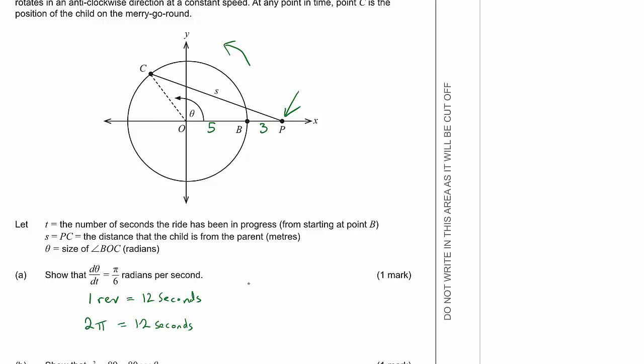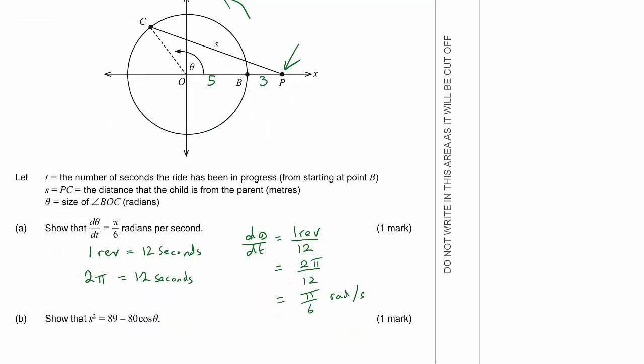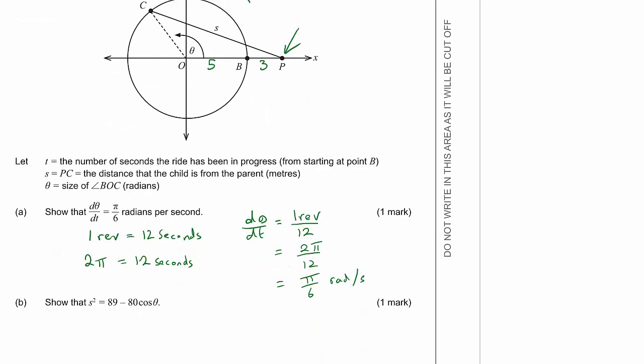So the speed, d theta dt, is going to be 1 revolution divided by 12 seconds, which is 2 pi radians divided by 12, which is pi by 6 radians per second. We now want to show that s squared is equal to 89 minus 80 cos theta.